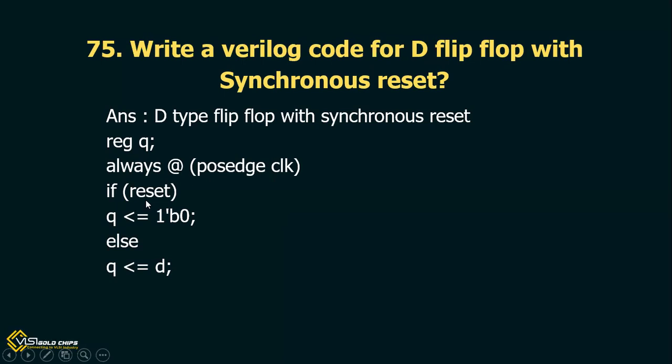If reset, that means if reset is 1, Q will be equal to 0, else Q will be equal to D. So it is synchronous with respect to the clock. So the reset is synchronous with respect to the clock.